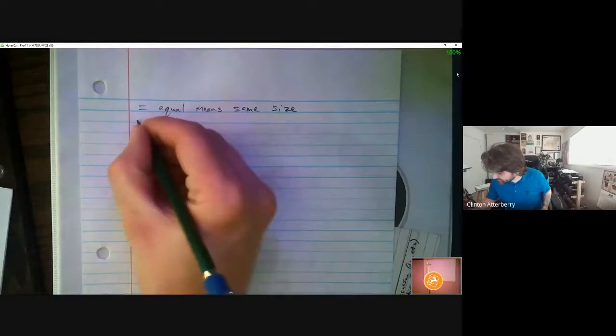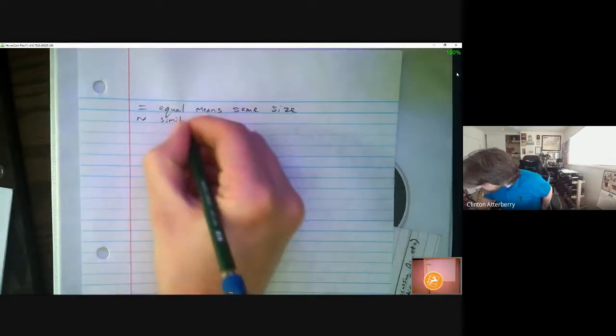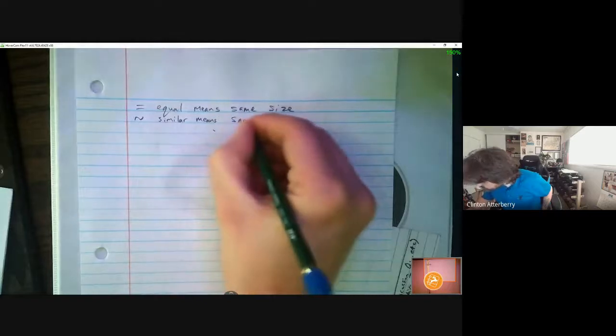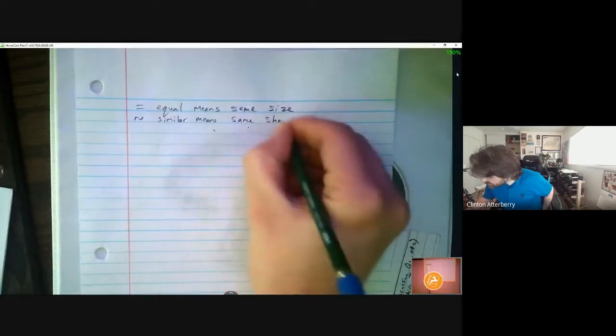Similar means that little squiggle line you'll see, and it means the same shape. So that would be like twins, things that look the exact same. If you've got a small square and a big square, those are the same shape. One of my favorite examples is model cars or model planes or model helicopters.